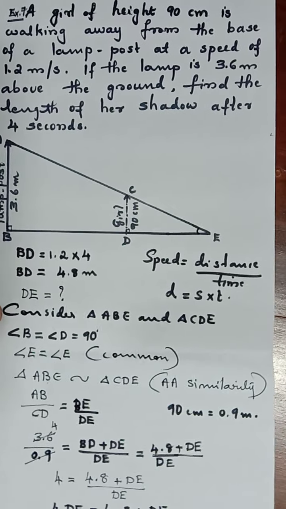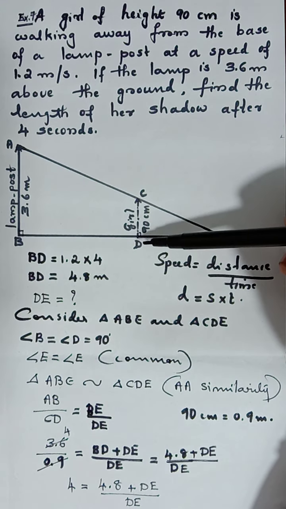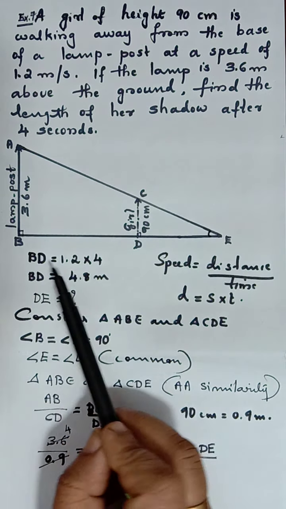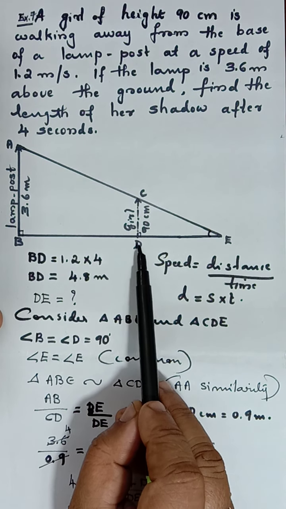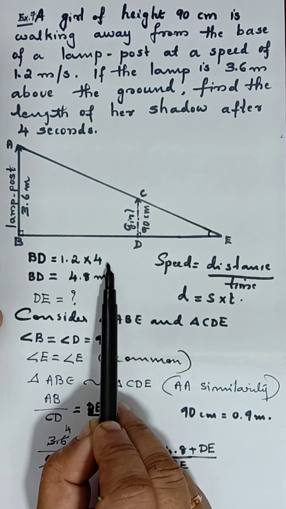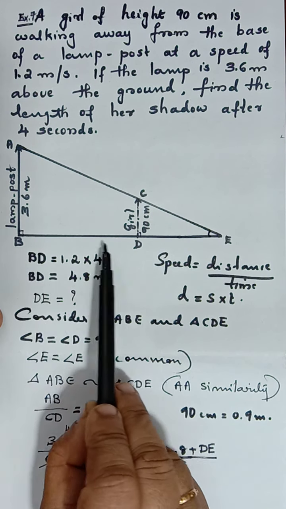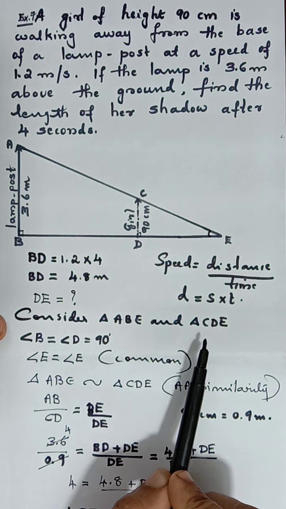Check once more what all things we have done. We are given the AB length and CD length, and we have to find out BD, DE, etc. In order to get BD, we know speed into time is equal to distance. So we have found out BD is equal to 4.8, and we know that these two triangles are similar.